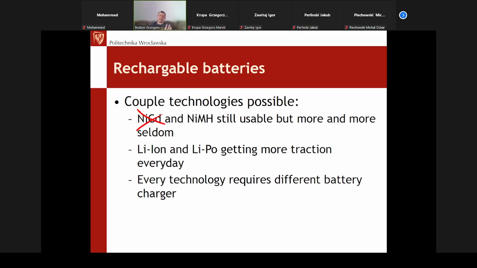heavier, and as well, interestingly, one more practical feature is that they are cylindrical, while lithium batteries are available in cylindrical cases, but quite often also in prismatic cases. That's nice, I would say, because it's easier to build a prismatic cell into a device, since you don't lose space.